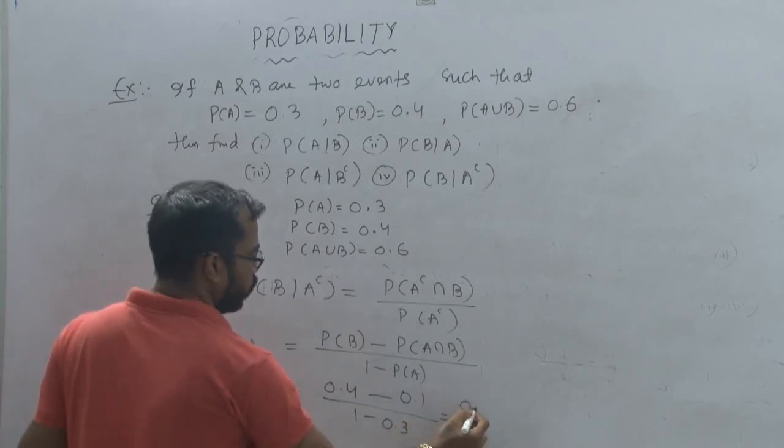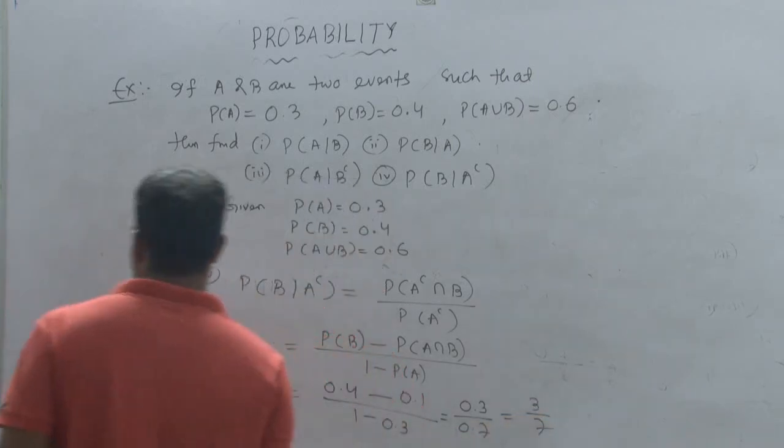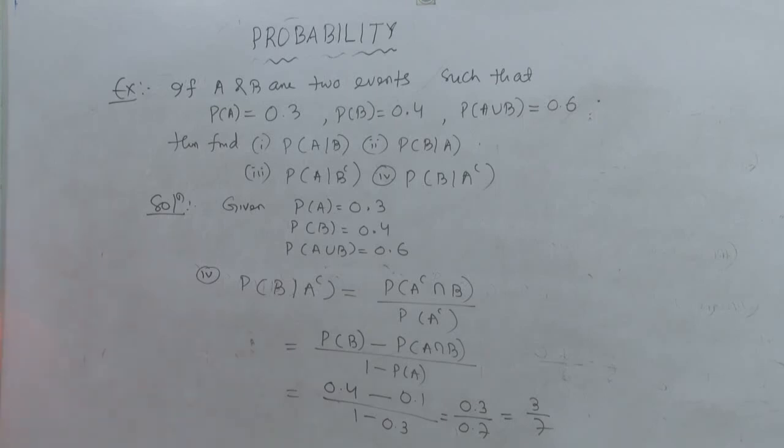That means 0.3 by 0.7, that is equal to 3 by 7. So these are the solutions of this given example.